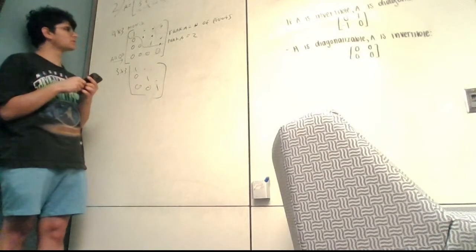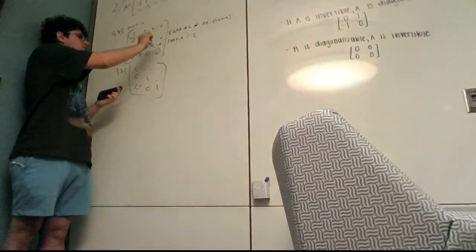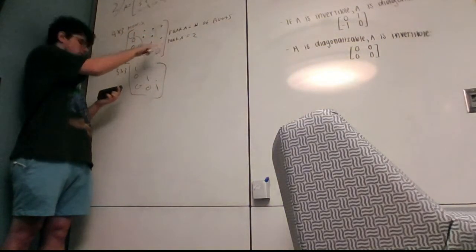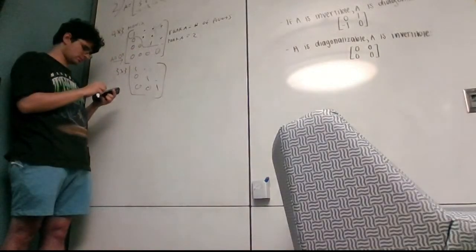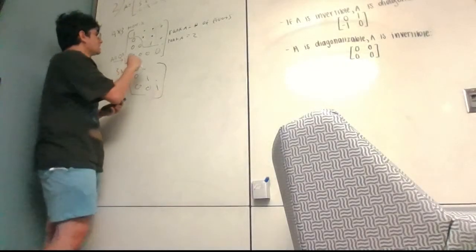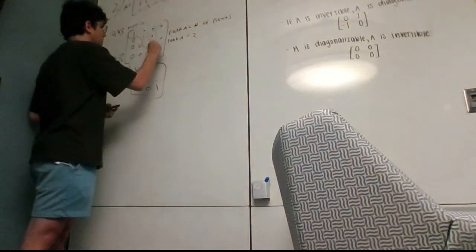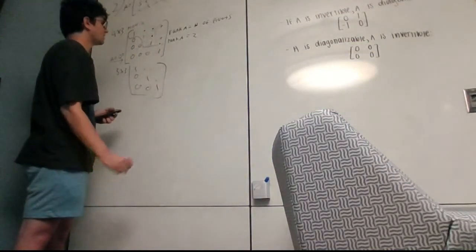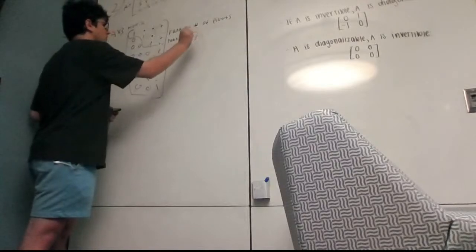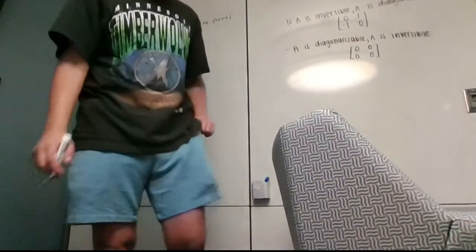Oh no, this is a pivot too. The pivot is the one that changes also. Wait, this is a 4x4. Okay, a 4x4 in row echelon form would be this, and the rank would be 4, because there are 4 pivots.